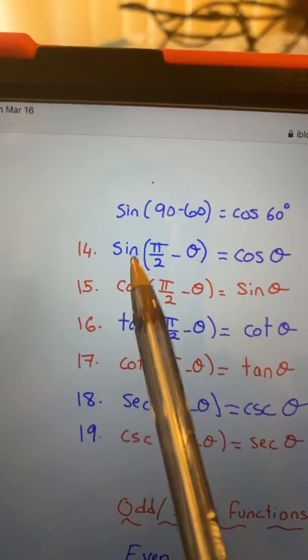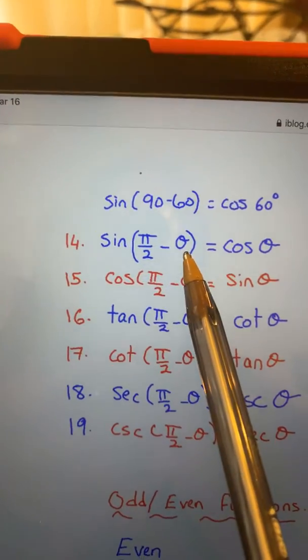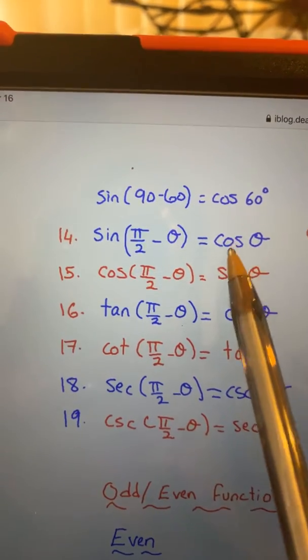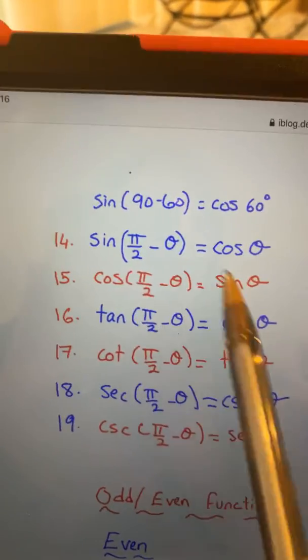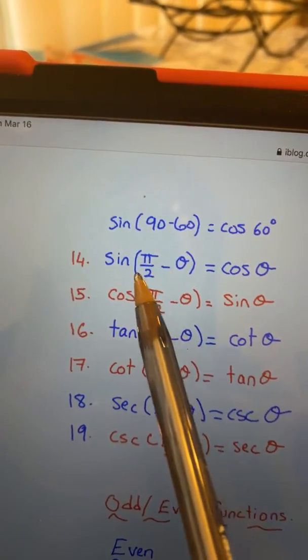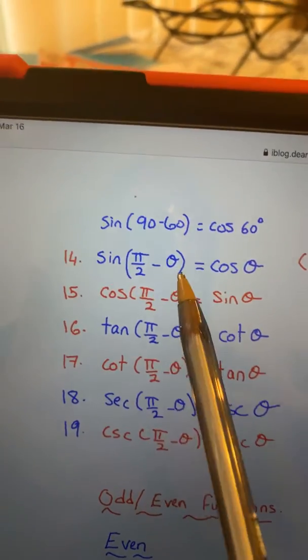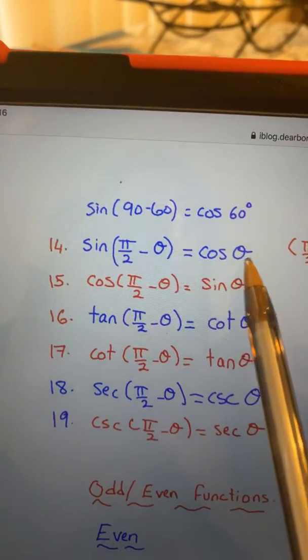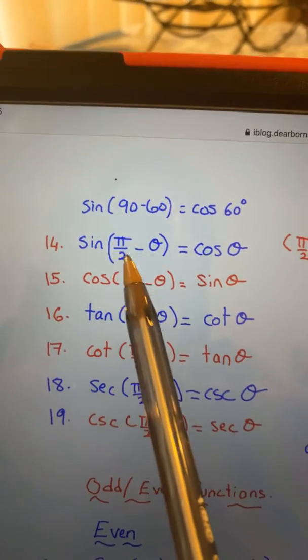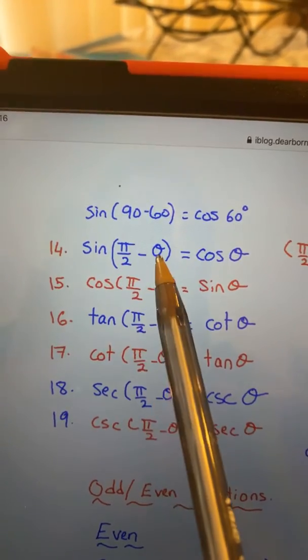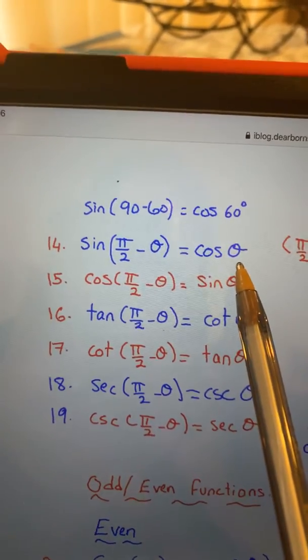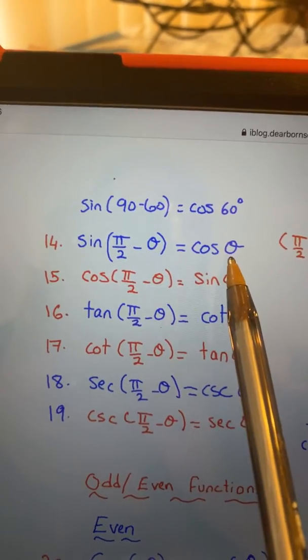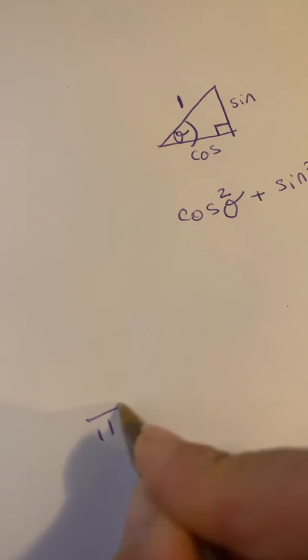The sine of pi over 2 minus theta equals the cosine of theta. In other words, the sine of an angle is equal to the cosine of its complementary one. If you add up pi over 2 minus theta and theta, they add up to pi over 2, which is 90. And I'm going to do it here to clarify.